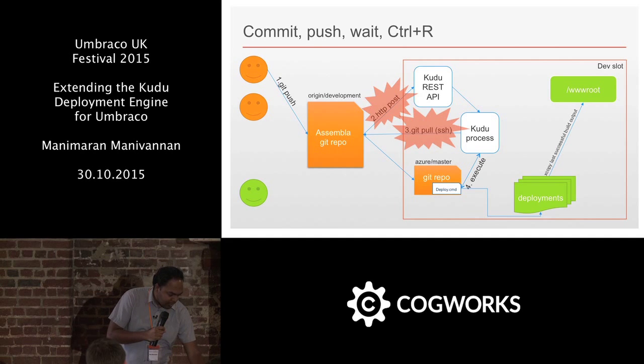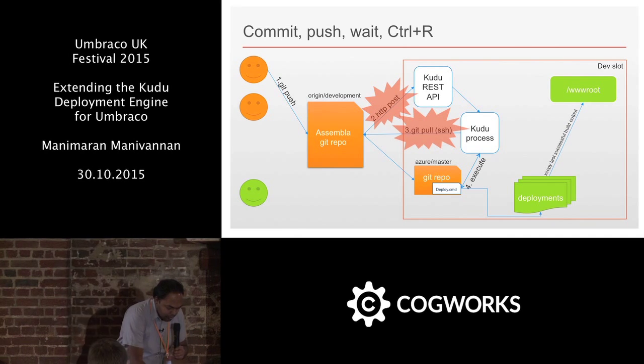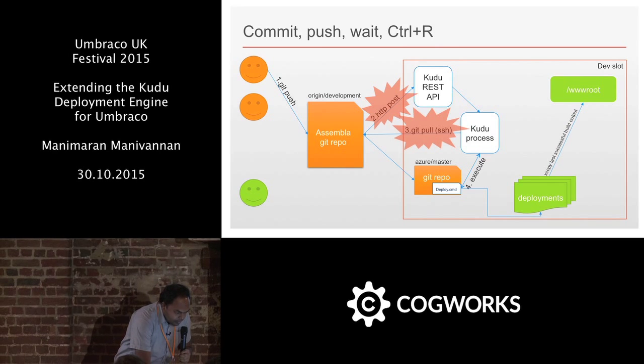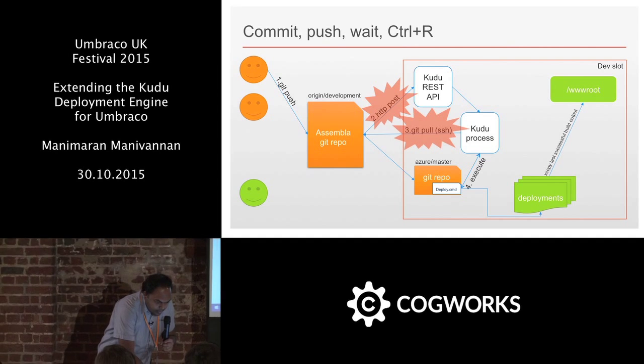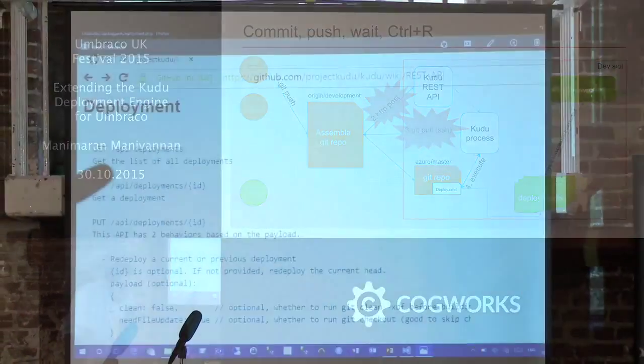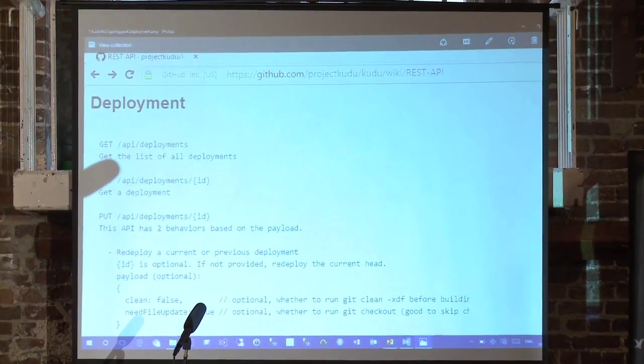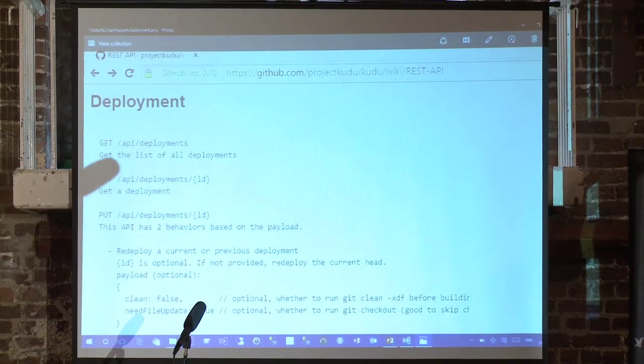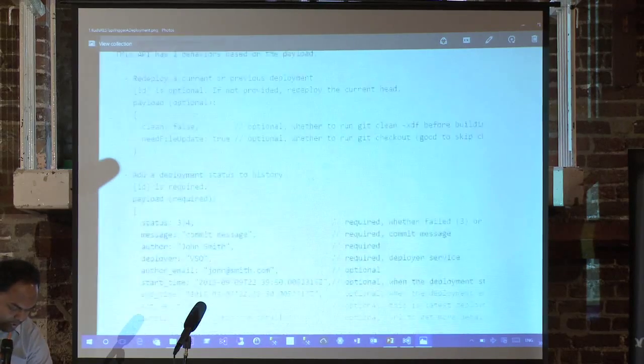So that's the slides, and I'm going to show you some pictures. Give me a second. This is the documentation for Kudu, and it's all open source, it's on GitHub. This is the REST API documentation, and in particular, this is for the deployment section of the Kudu REST API.